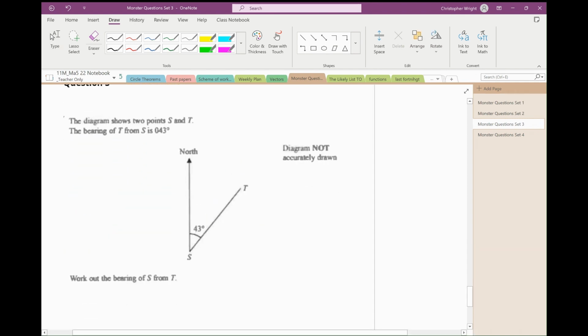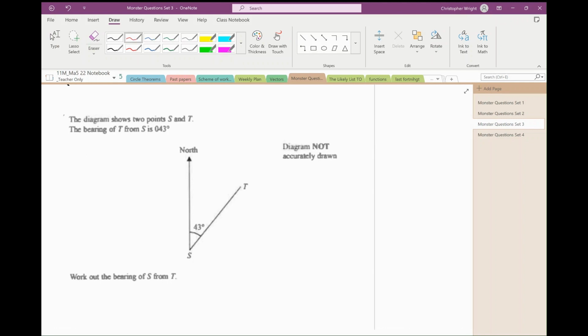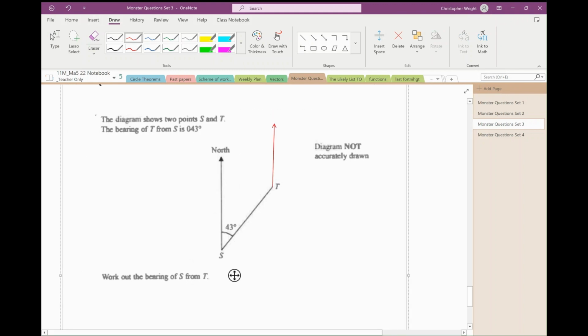Question 5. The diagram shows 2 points S and T. The bearing of T from S is 043. Work out the bearing of S from T. Right, I'm going to start by drawing a north line from T. Now I need to find this angle because that's the bearing of S from T. There are lots of different ways you can do it.